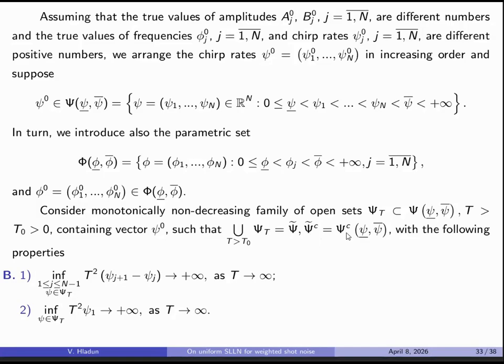I don't understand. The closure of the union is just this closed set, which we want.